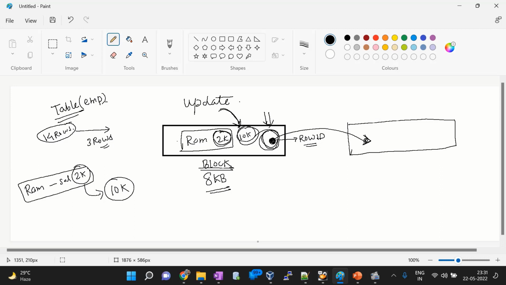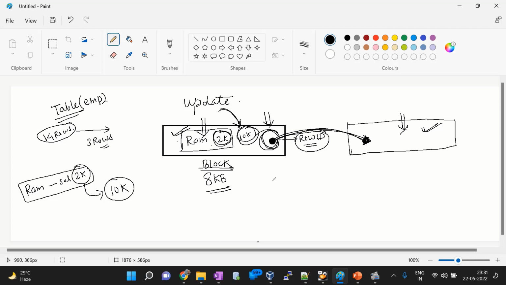The remaining information will be present in this block, and the other information will be present in the other block. How do we tie these two blocks together, when half of the information of one row is in this block and half is in the other? It is decided on the basis of row ID, because the row ID stays intact and uniquely identifies that the row is also present in some other block.